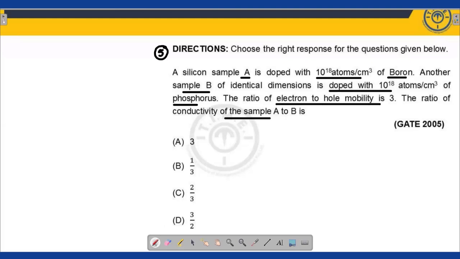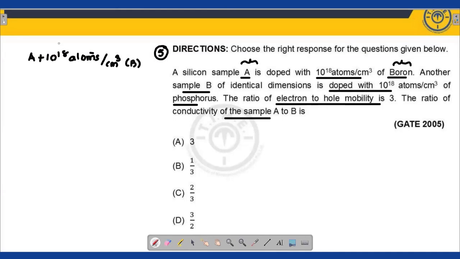Silicon sample A is doped with boron, with this number of atoms. Boron itself is a trivalent impurity. So sample A is doped with 10 power 18 atoms per centimeter cube of boron.